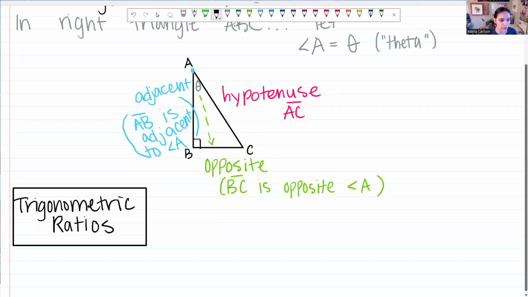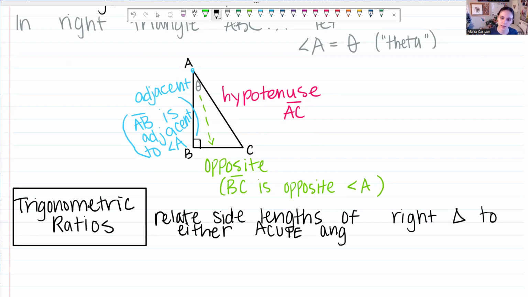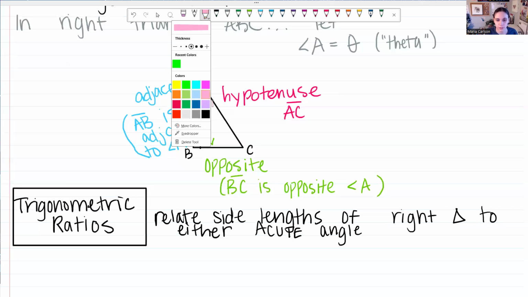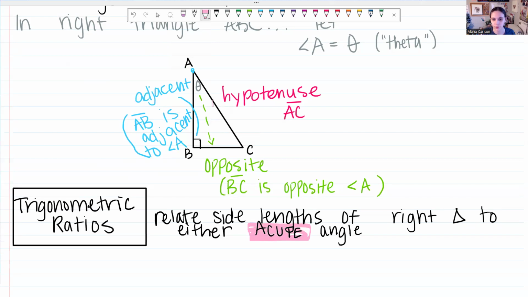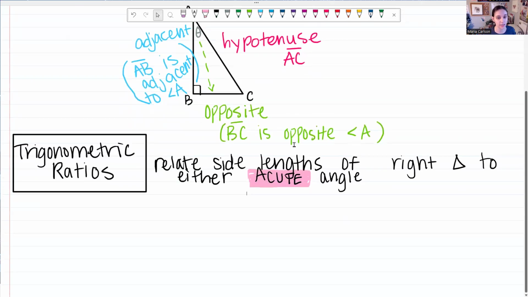What these ratios do is they relate the side lengths of the right triangle specifically to either of the acute angles. It has to be an acute angle. If you're using the right angle, these ratios are not true. So acute angle: angle A or angle C in the diagram I just drew.